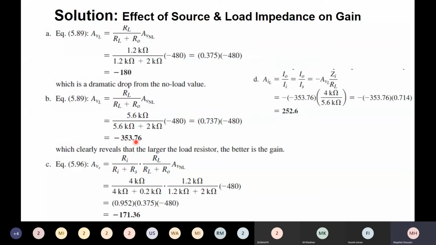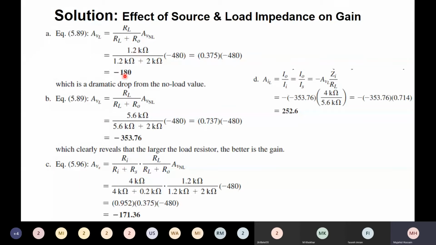So you have to select your load resistance in such a way that it gives you maximum gain. Although the loaded voltage gain will always be less than the no load value, it depends largely on the value of RL. If you use a small value of RL, the gain decreases too much, and if you use a higher value of RL, it becomes very nearly equal to the no load voltage gain.